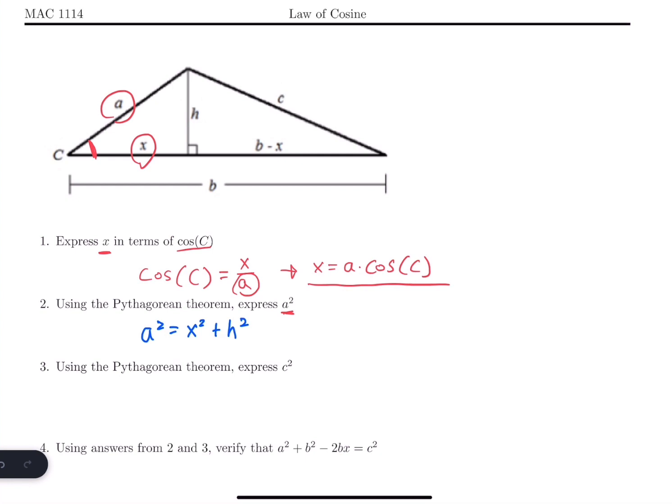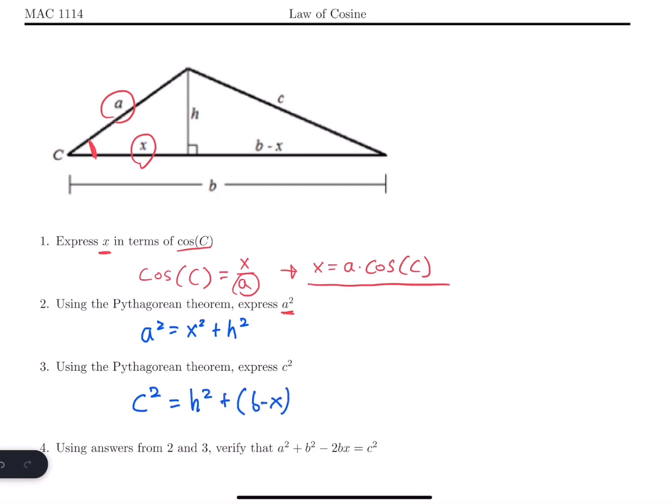Step 3, using the Pythagorean theorem, express c squared. In this second right triangle, c squared equals h squared plus (b minus x) squared.